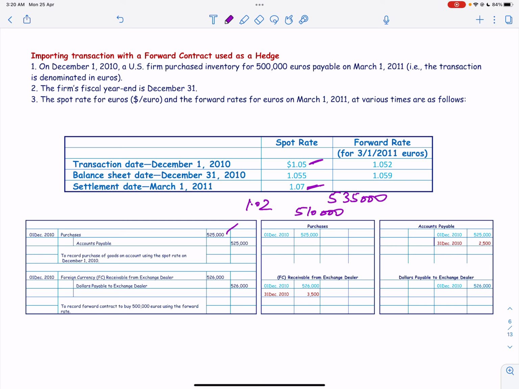Because the firm cannot perfectly estimate the change in the exchange rate, the company might prefer to eliminate this risk by entering into a forward contract to buy euros on March 1, 2011. Now, since the forward rate on December 1 to purchase euros on March 2011 is 1.052, the company can buy 500,000 euros on March 1 for a guaranteed price of 526,000.